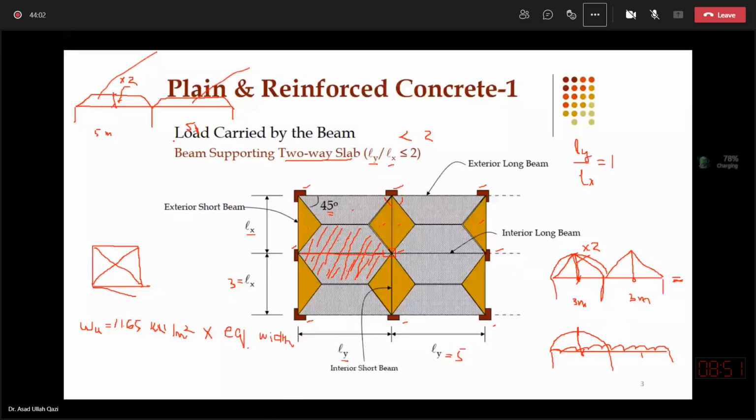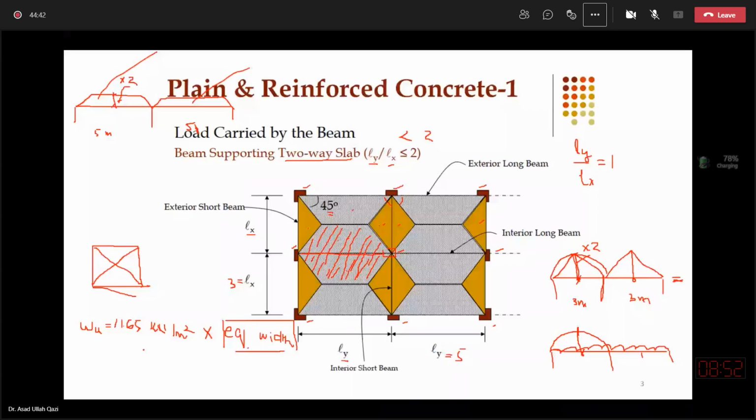That equivalent width for trapezoids and for triangles has been explained in the next slide. So I will just discuss with you the outcome: the equivalent widths to be used for triangles and for trapezoids to convert the ultimate pressure into UDL.